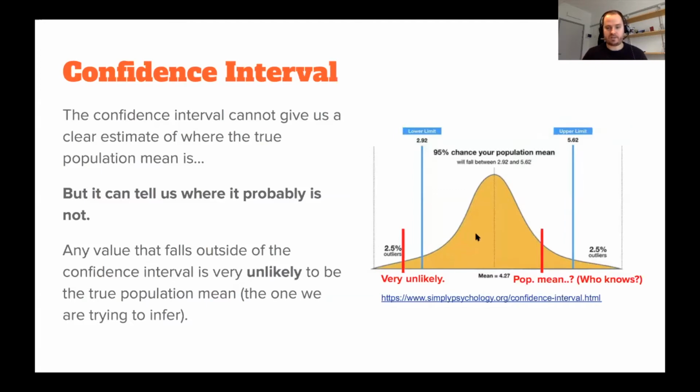So it's not easy for me to tell you, let's say you don't have a null hypothesis, let's say you have an actual hypothesis that you think is true, I won't be able to tell you if it is true or not.